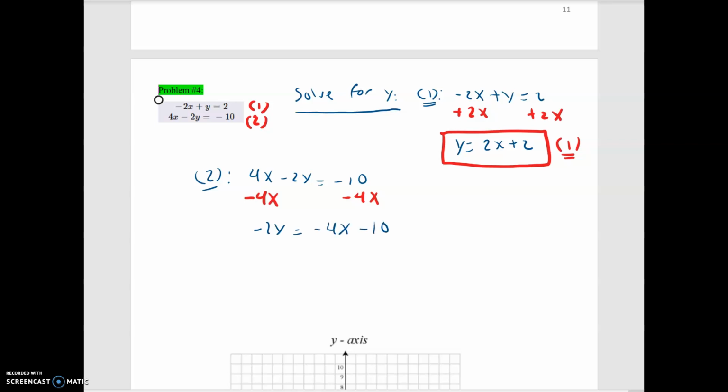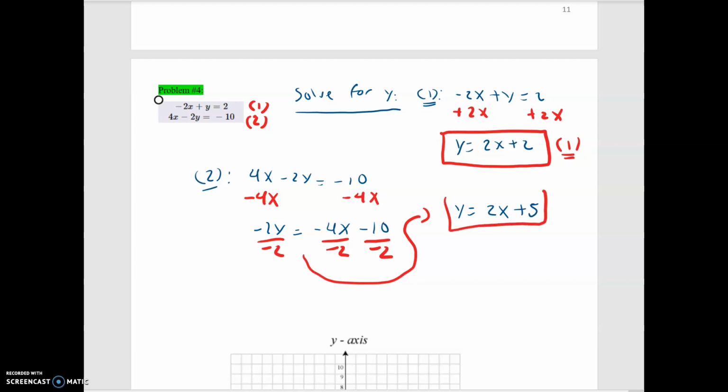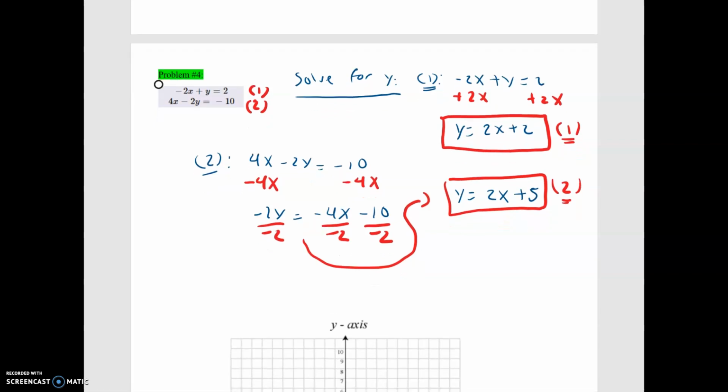And then we're going to divide by negative 2. This is going to give us y equal to 2x plus 5. So this will be equation 2.